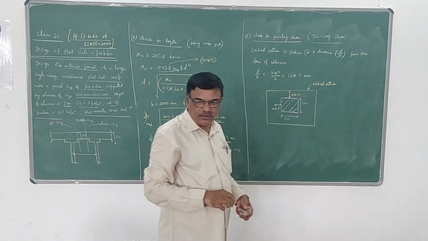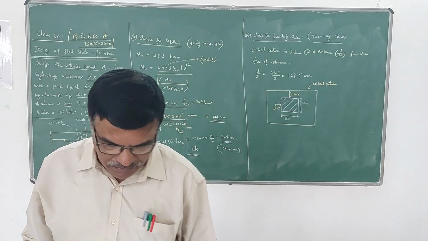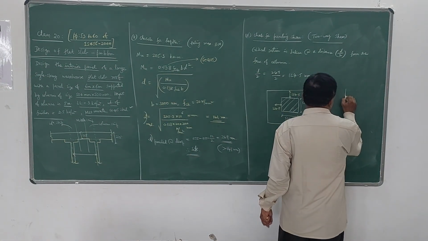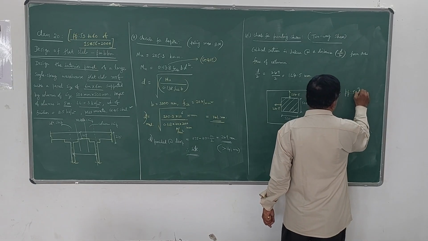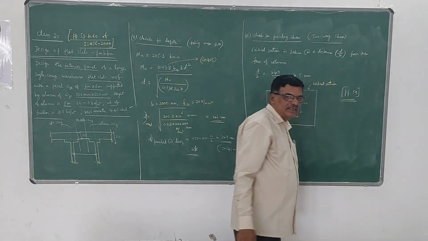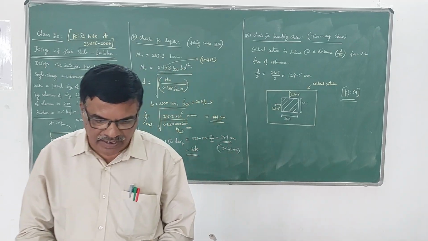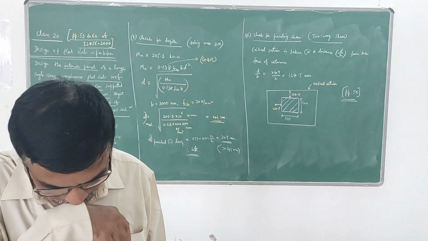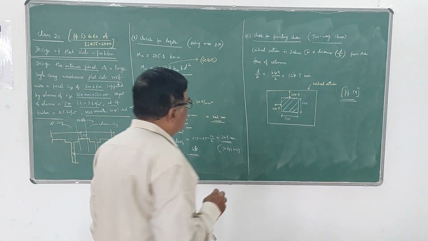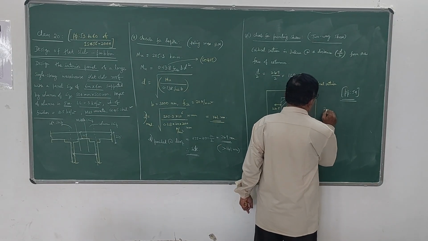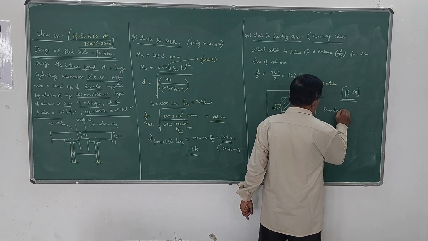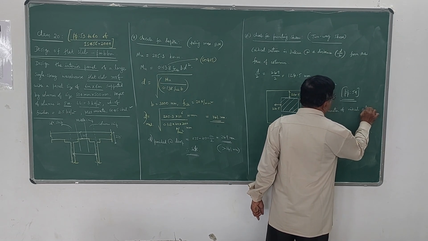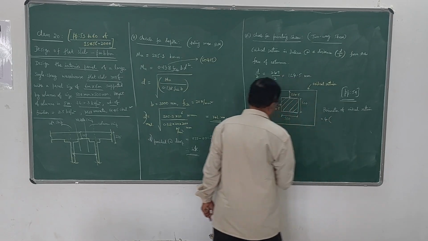Now there is a procedure given on page number 59, check for shear. Normally whatever we do for footings, the same procedure is done here also. For that we first calculate the perimeter of the critical section. It is a square section, so 4 times what is this?